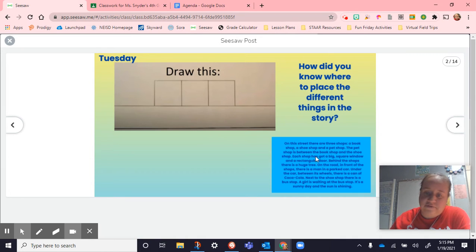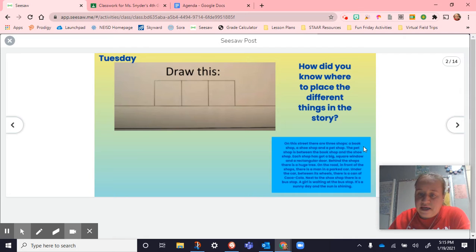So then after we did that, we talked about how did we know where to put things, when it says in between or in front of, or there's something underneath, or it's big or it's small, or how did those kind of help us put our drawing together.